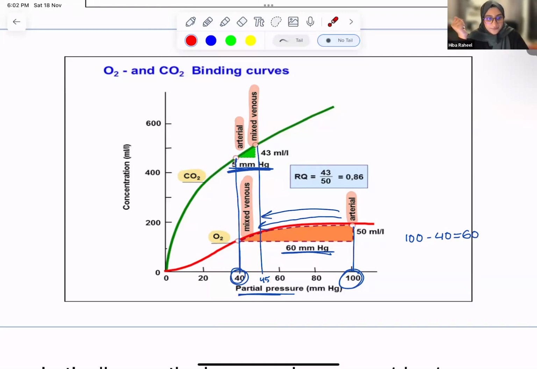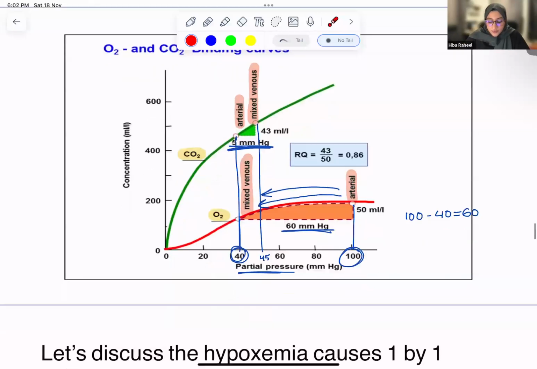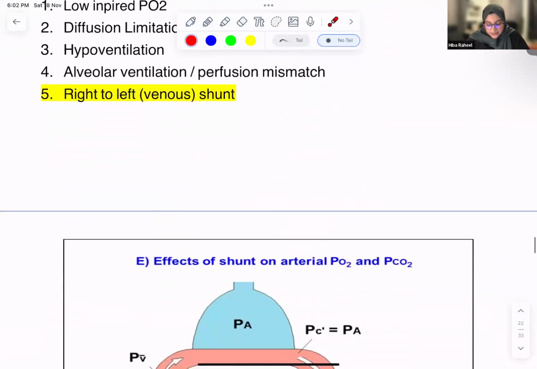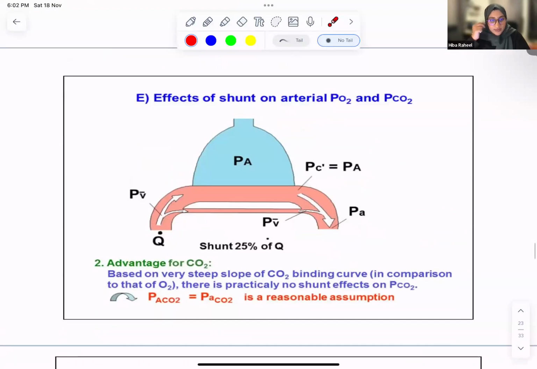We're almost done. Okay. So one last thing that we're going to talk about is the right to left shunt. We already kind of spoke about it, but I just want to mention it again. The right to left shunt occurs when the venous blood does not go to the alveoli to get oxygenated. There is a block, something happens, right? Now there's a shunt that's occurring. What is a shunt? A shunt is a pathway, it's a diversion, okay?